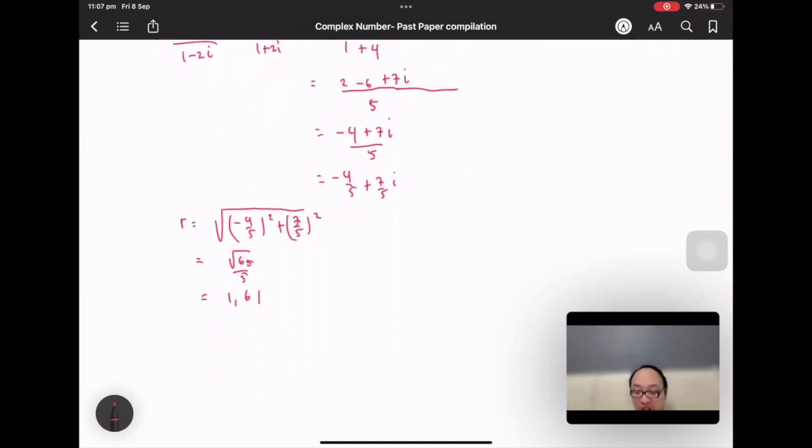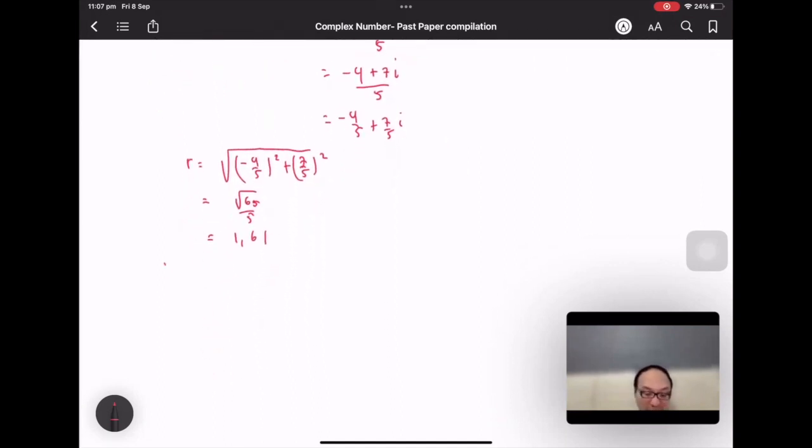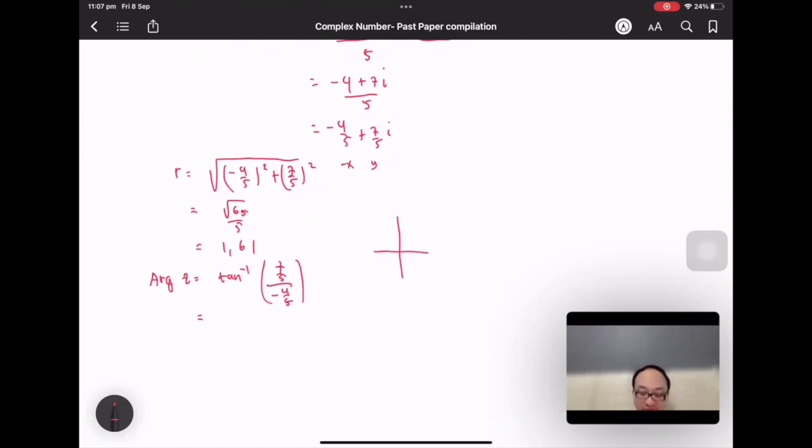And for the theta, we can use the argument of z, which is tangent inverse of 7 over 5 over minus 4 over 5. So that means this is negative x, this is y. So it will be in the second quadrant. So the argument z will be this. So find the value of this in second quadrant.